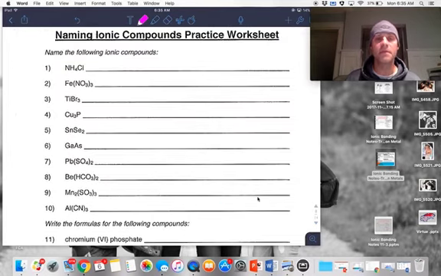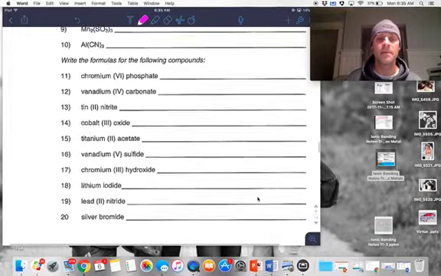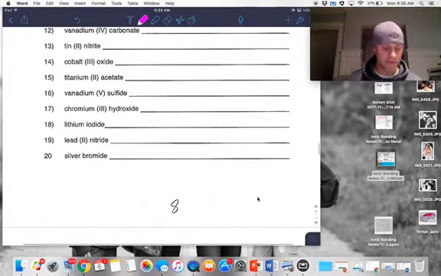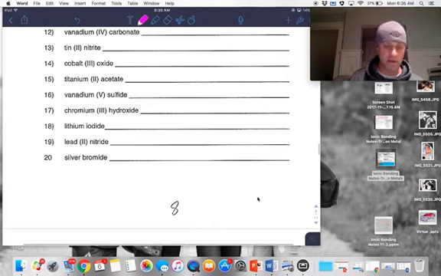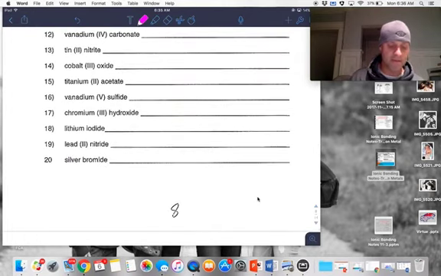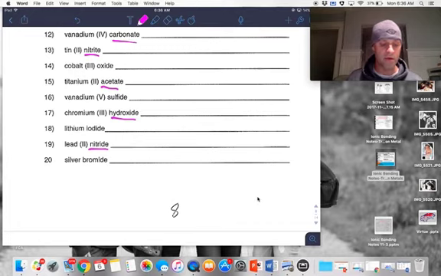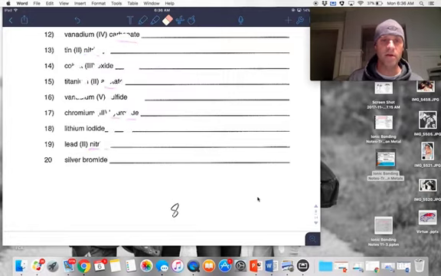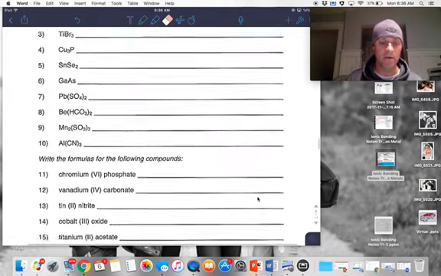Now you should be able to finish the rest of page 8 because you have things like nitride, polyatomic, hydroxide, polyatomic, acetate, polyatomic, nitrate, carbonate. Those are all polyatomic ions. Up till now, maybe those didn't make sense to you, but now you can go through and figure those out.